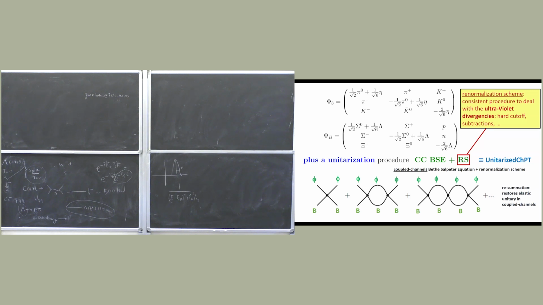It could be hundreds of MeV, tens of MeV. If I remember correctly, a width of 1 MeV corresponds to about 10 to the minus 24 seconds, and then we call it a resonance.